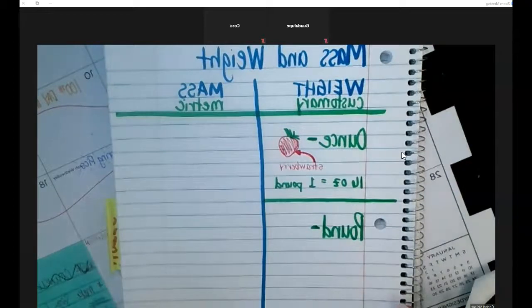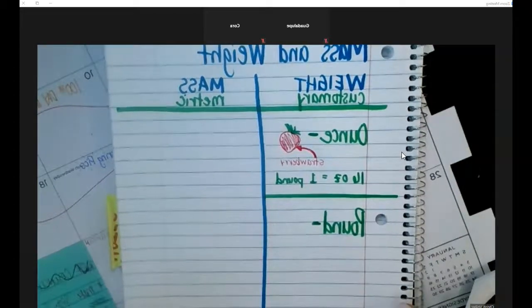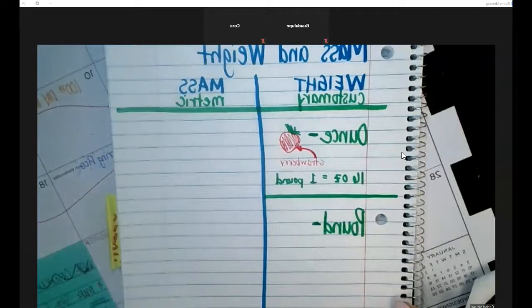So a pound is about the weight of what? Bryson, you remember? Yeah, but nobody at home would know what you're talking about. Something that we talked about yesterday in our math book. Do you remember?